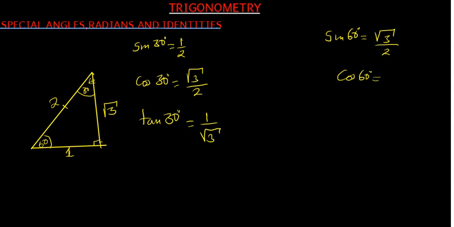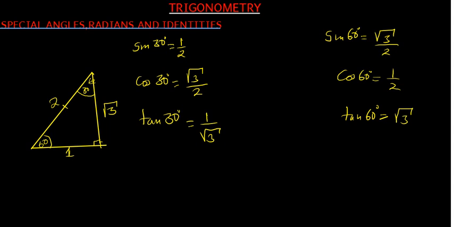Cosine is adjacent. The adjacent to 60 is that over hypotenuse. So that gives us 1 over 2. And then tangent of 60 degrees. First, opposite over adjacent. That is root 3 over 1, which is simply root 3. So these are the special angles, the first 3 trig ratios.